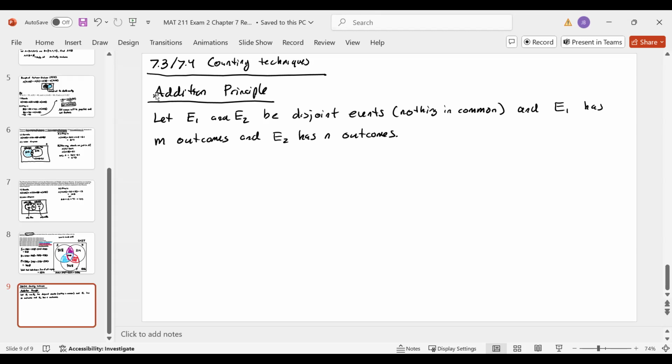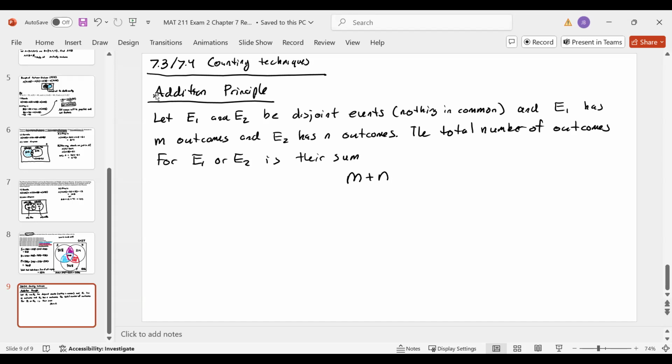Then the total number of outcomes for E1 or E2 is their sum, M plus N. That's it.